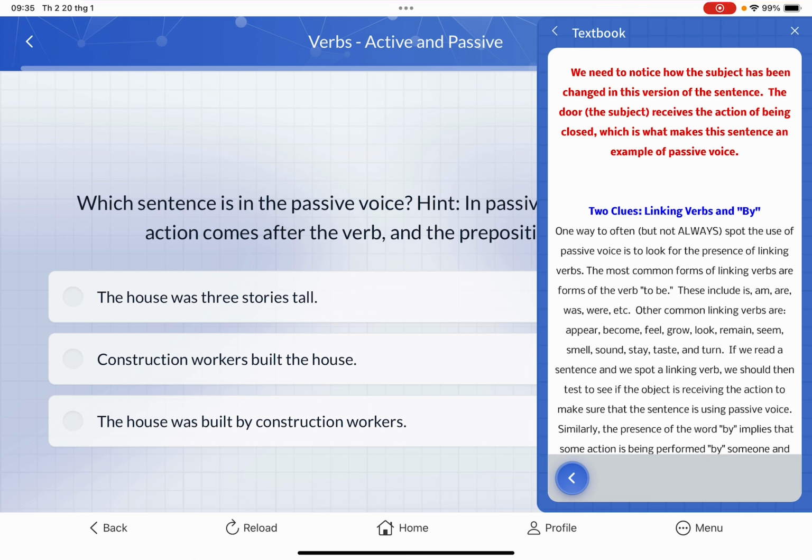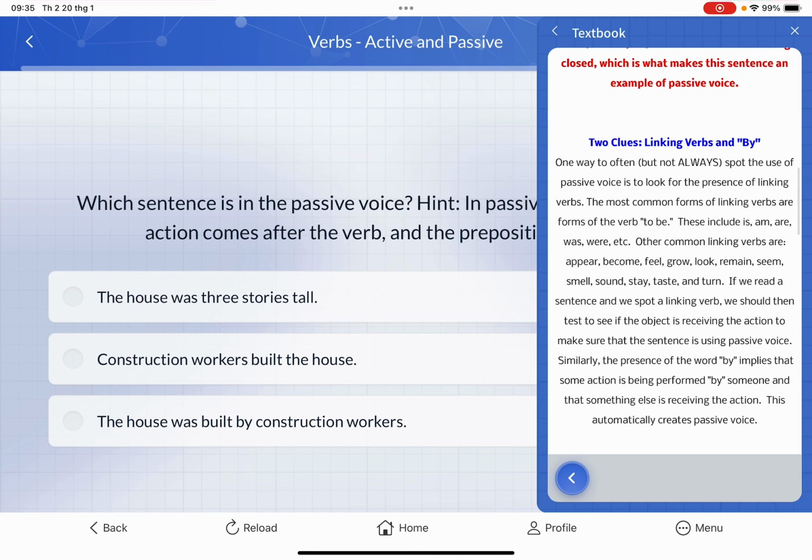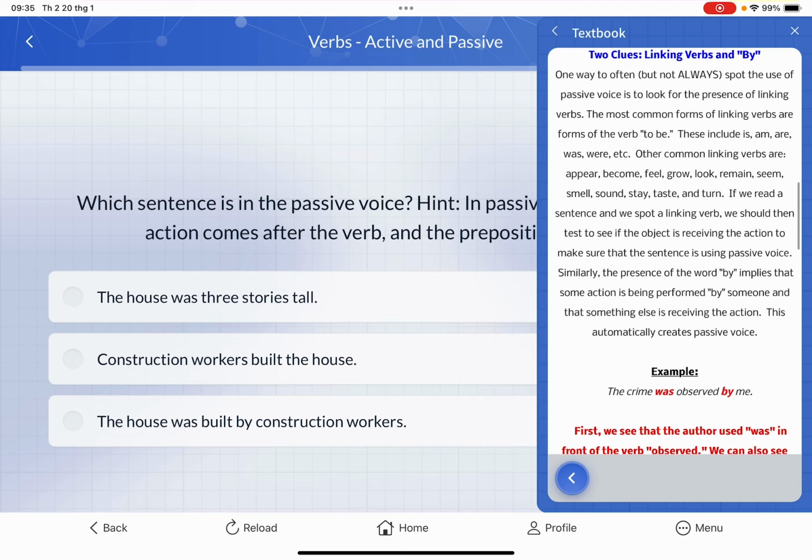Not only that, but other common linking verbs can also appear: become, feel, grow, look, remain, seem, smell, sound, stay, taste, and turn. If we read a sentence and spot a linking verb, then we should test to see if the object is receiving the action to make sure that the sentence is using passive voice.